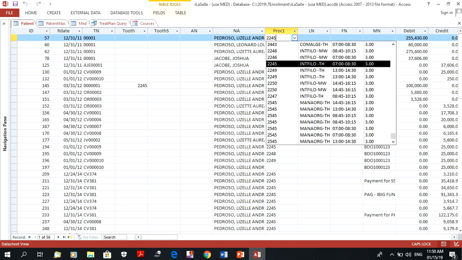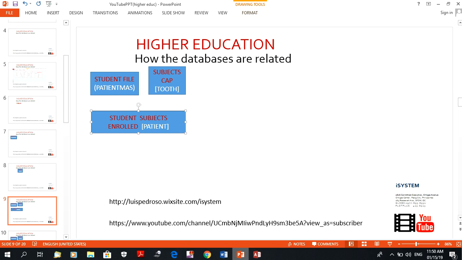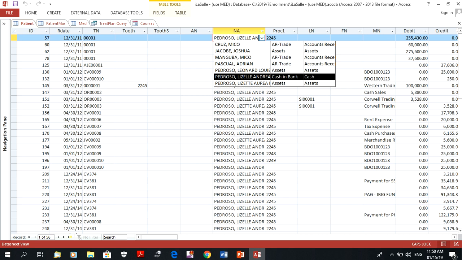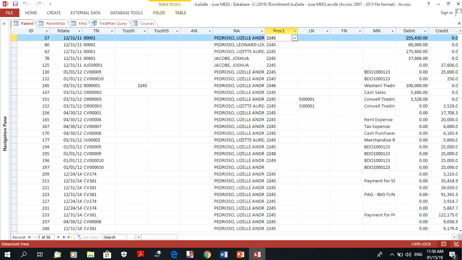That screen is what the subject cap is for. So you have a student file which you enroll here. We call the student, and the subject that is offered with the cap, of course.